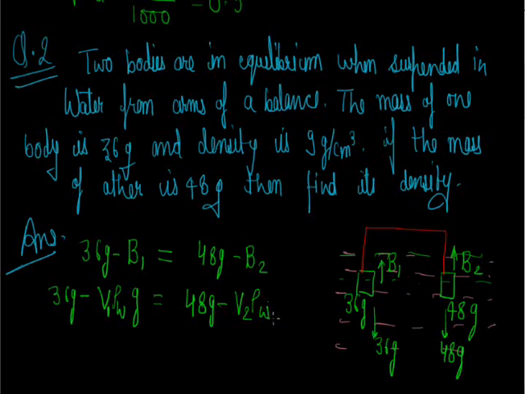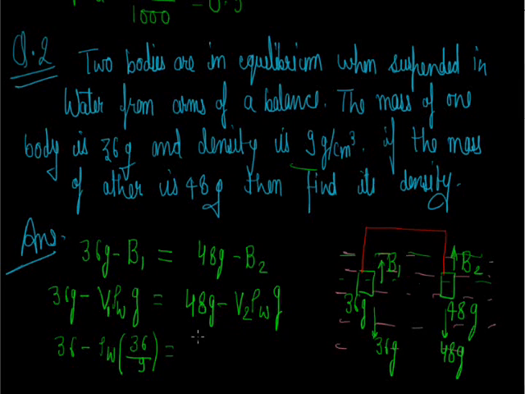By taking g common, the remaining equation is 36 minus V1 rho W. Now the volume of the first body can be written as mass upon density. Mass of the first body is 36 and density is given in the question, it is 9.